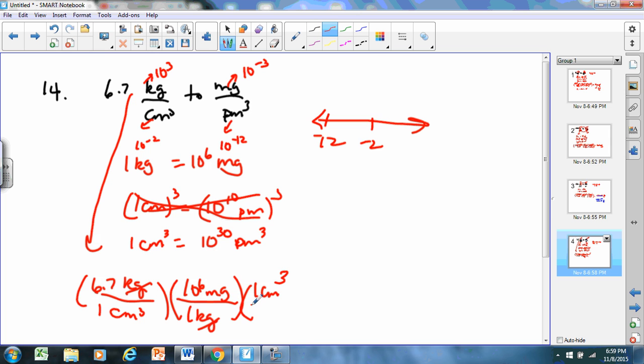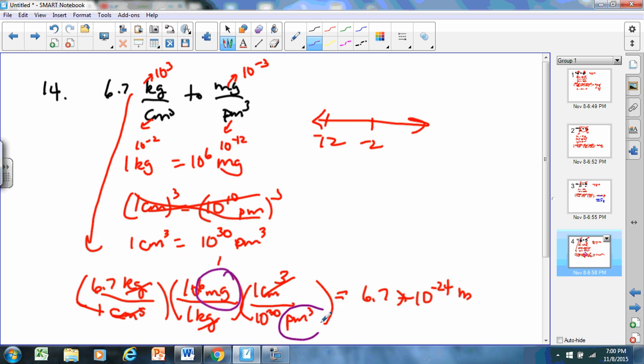And then 10 to the 30th cubic picometers goes down. And if I do on the calculator 6.7 times 10 to the 6th divided by 10 to the 30th, I end up with 6.7 times 10 to the negative 24th milligrams, because notice, milligrams hasn't canceled on the top, and cubic picometers hasn't canceled on the bottom. And so that's the unit after our conversion.